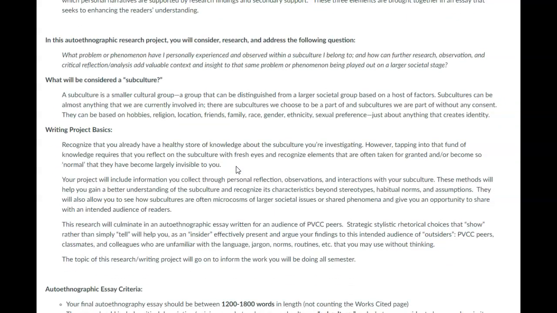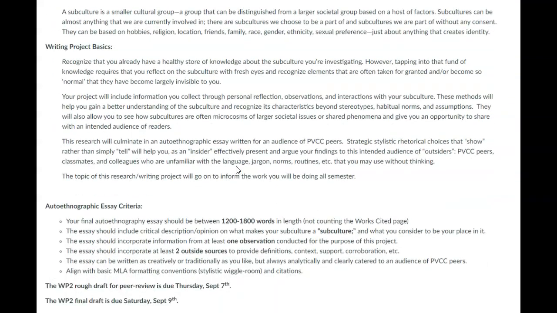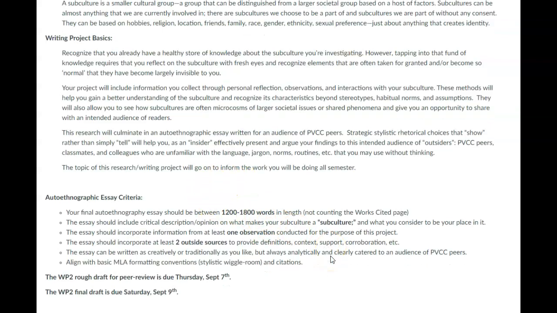And it seems maybe a little hazy, but this will all come together over the next couple weeks. We're also going to be bringing in a couple outside sources to maybe define our subculture for our readers or support our observations of it. But please read over all of the directions here. It's going to be 1,200 to 1,800 words.